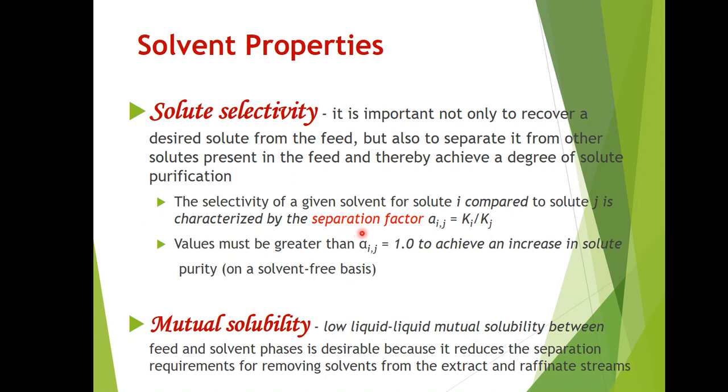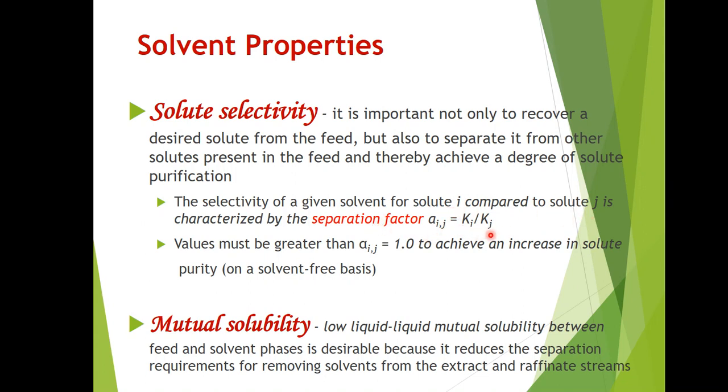How selective is your particular solvent for a particular solute I? It tells you how highly it prefers to extract only solute I if you have both I and J present in your feed. That preference of the solvent to extract I, separating it from J in your feed, is the separation factor.